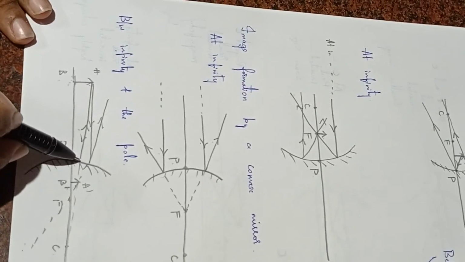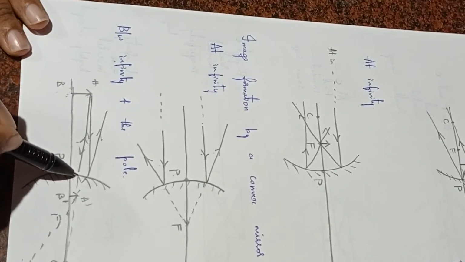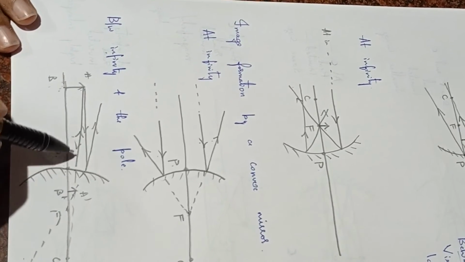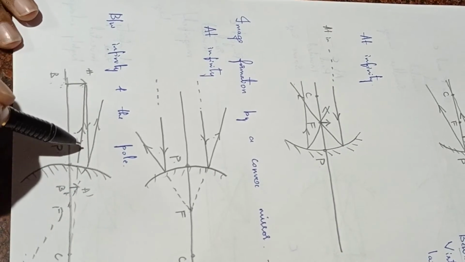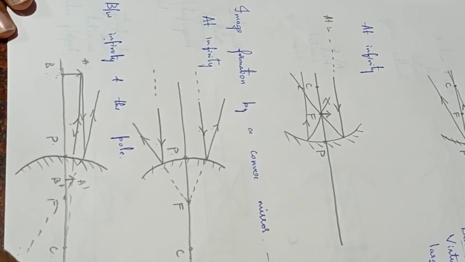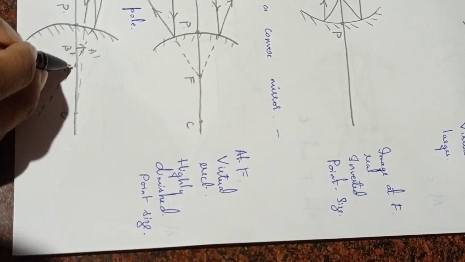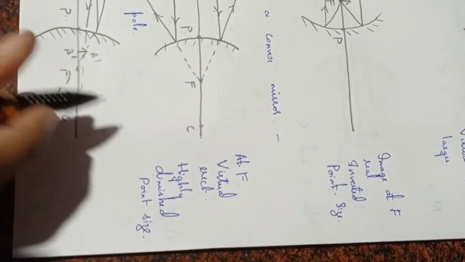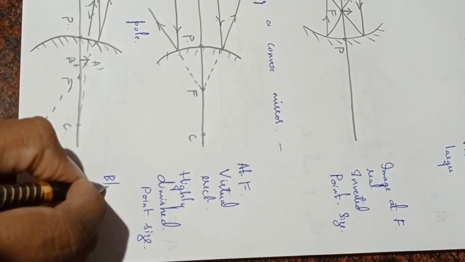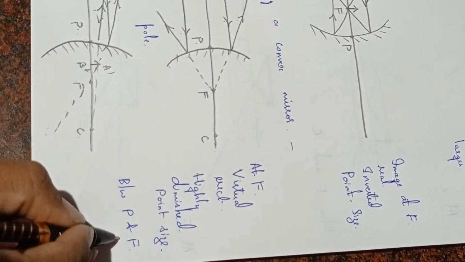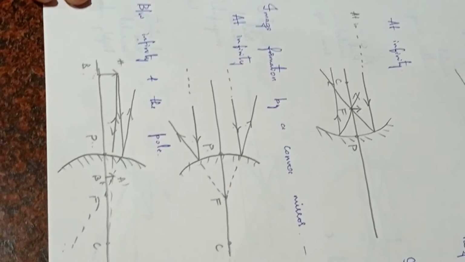Another ray incident on the mirror goes towards the center of curvature and passes back along the same path. So what about the conclusion, where is the image formed? As you can see, the image is formed between the pole and the principal focus.